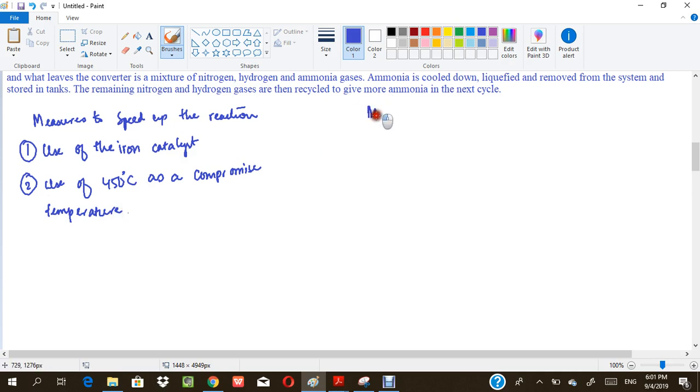Now let's talk about measures to shift the equilibrium to the forward side, in favor of the forward reaction.